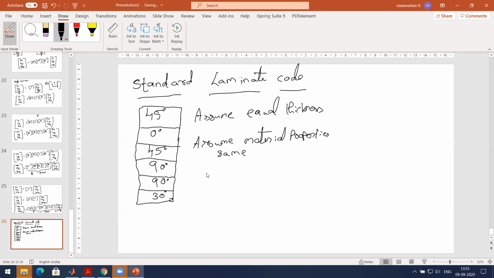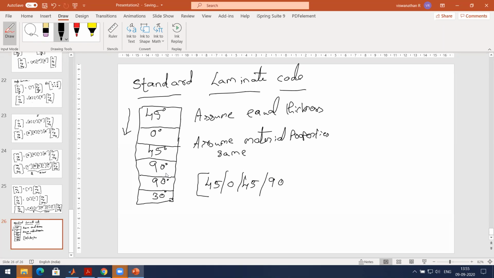The way you represent this is you open a square bracket and then start from the top. Always start from top to bottom. 45, 0, 45, then 90.